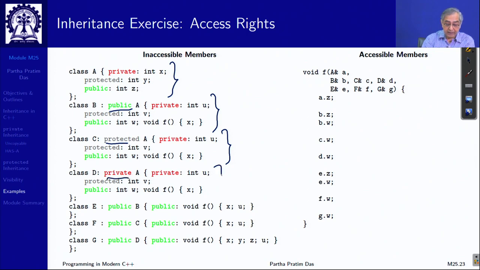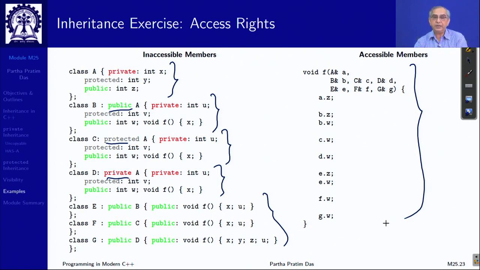Class D does that in the private manner, right? And then classes E, F, G are pure is-a inheritance from B, C, D. So, this is just the visibility matrix that I showed you. This is just a code equivalent of that, and along with it, these are the test points. You can run this and see what accessibilities work and what accessibilities will not.